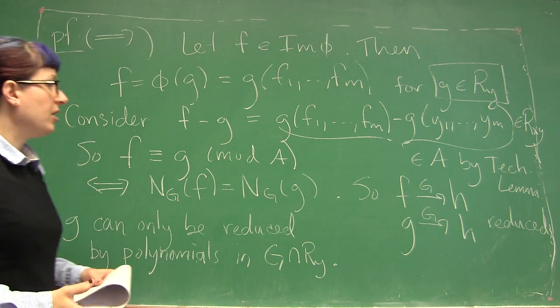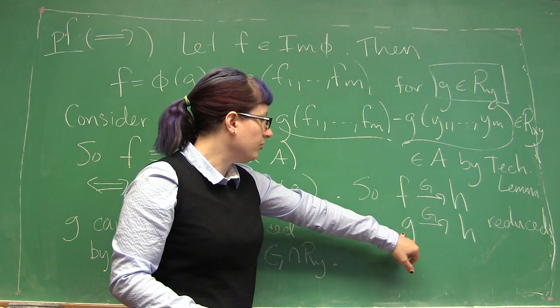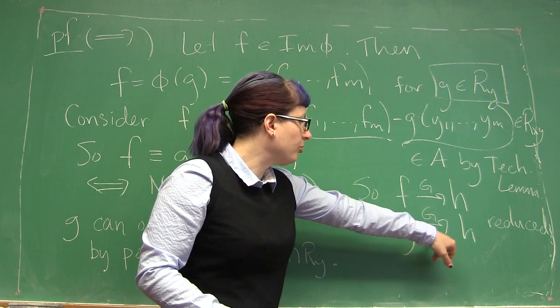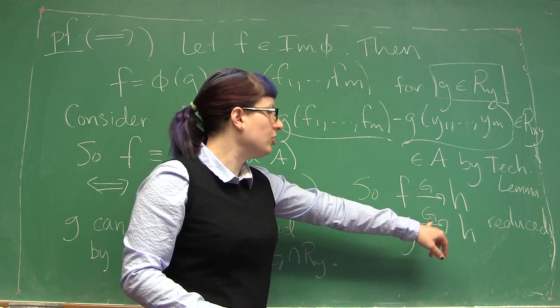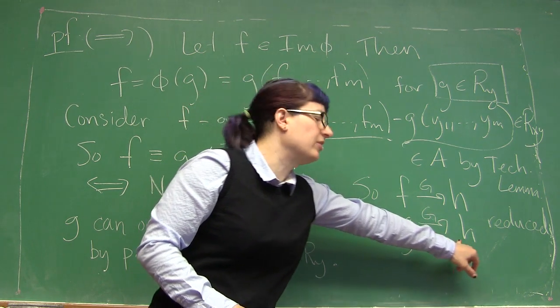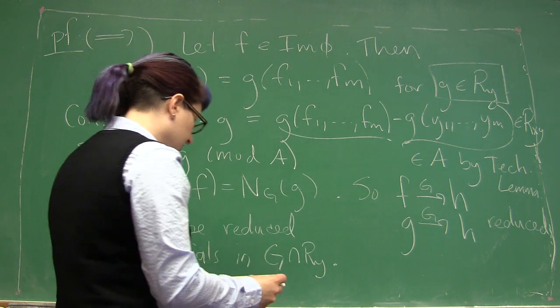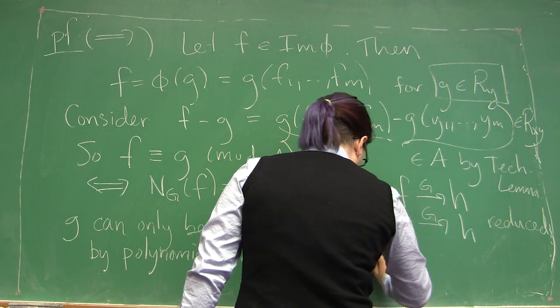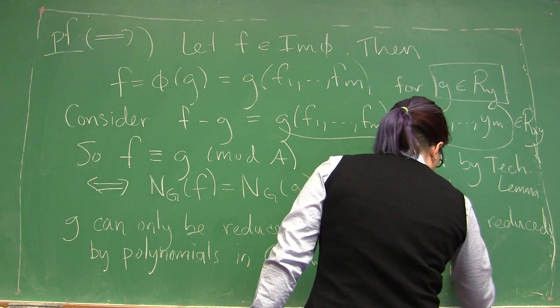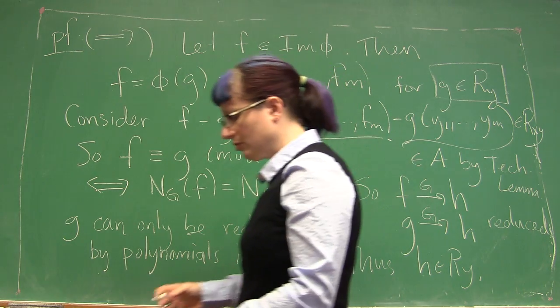So in particular then, if g has only y variables and we can only reduce it using elements that have only y variables, then h will only have y variables as well. Which is what we need.